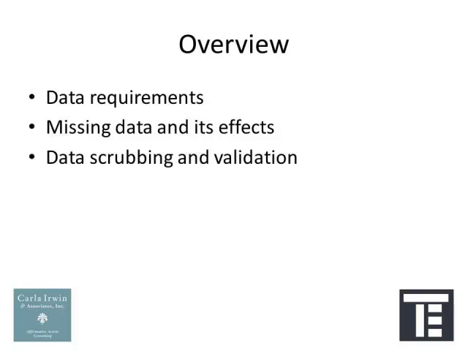And then we're going to conclude with a discussion of data scrubbing and some common validation tools. We're not going to get into too much detail in terms of the nuts and bolts of actually doing pivot tables in Excel or writing statistical programs. We just want to give you an overview of the kinds of issues and the kinds of things that you need to look at and think about when you're doing data scrubbing and validation.